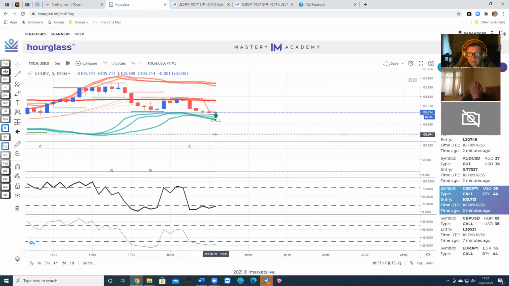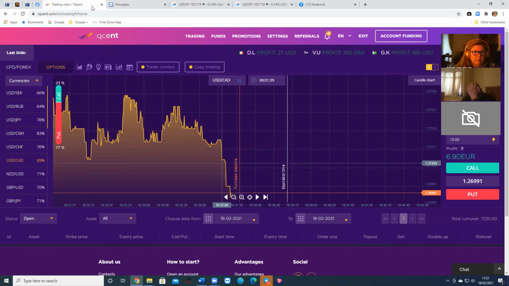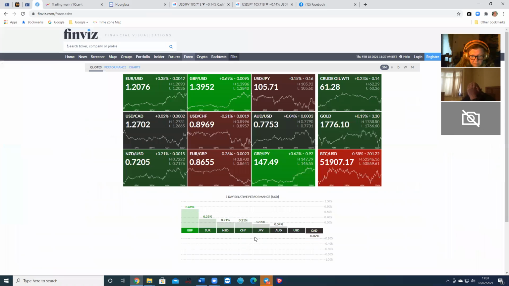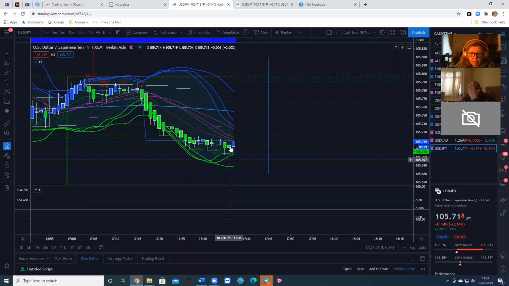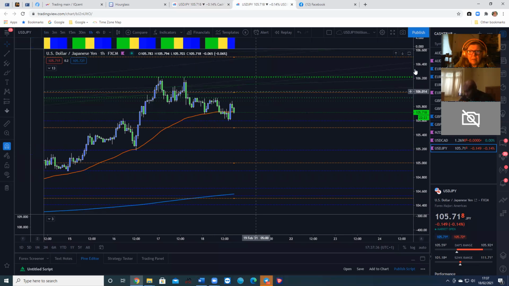Because the US dollar is now weaker than the Japanese yen, I'm not very confident in taking this. I don't want to take this for a call because of that. Even though it's gone up there, I wouldn't have taken that if I was trading on my own because of everything I've just said.